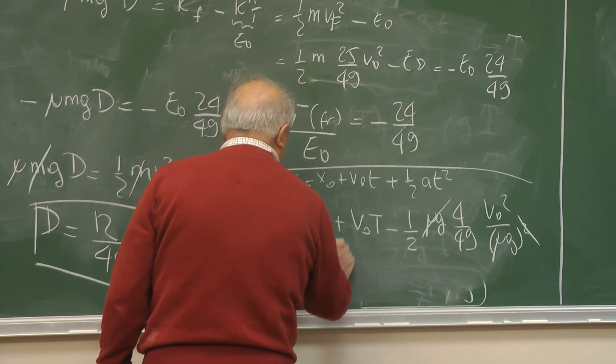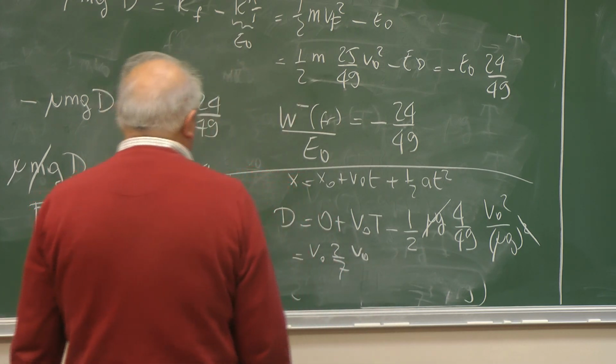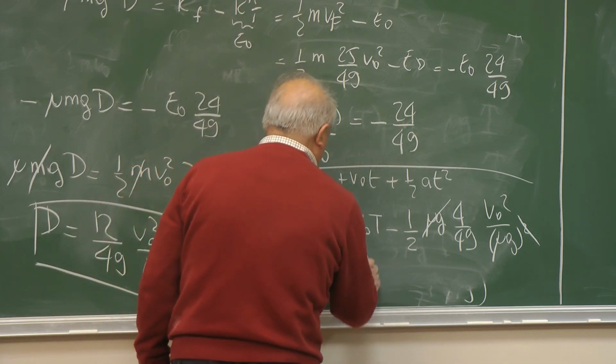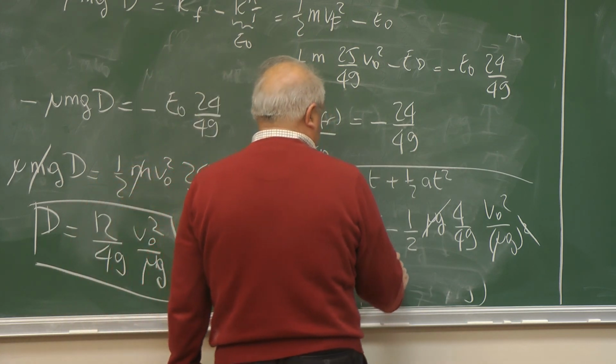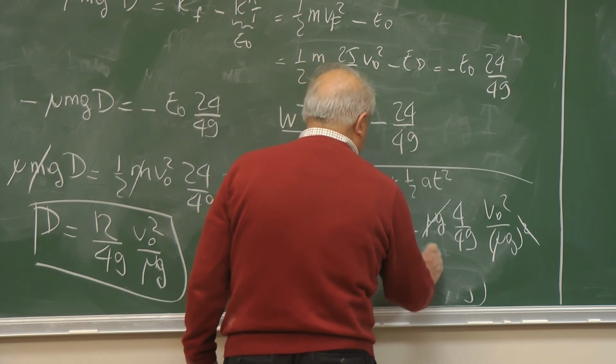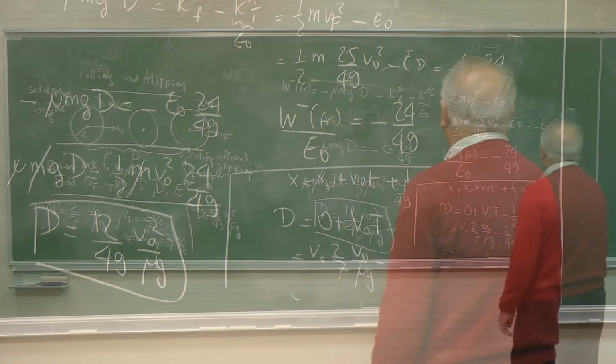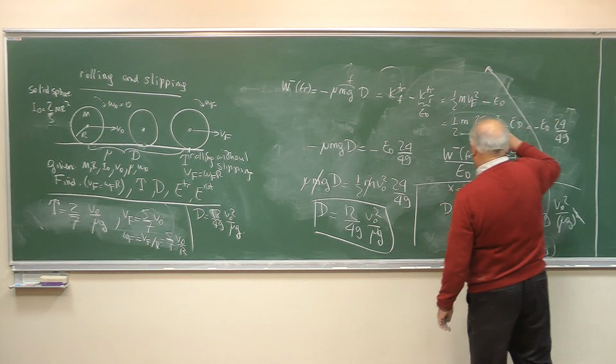V0, 2 over 7 V0 over mu g minus 2 over 49 V0 square over mu g. Let me just pull it here.